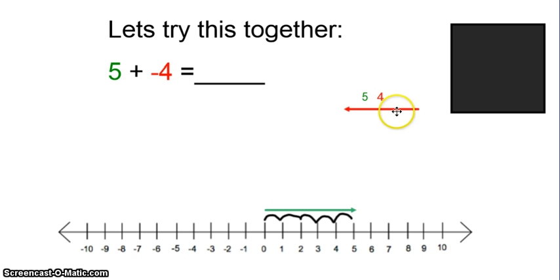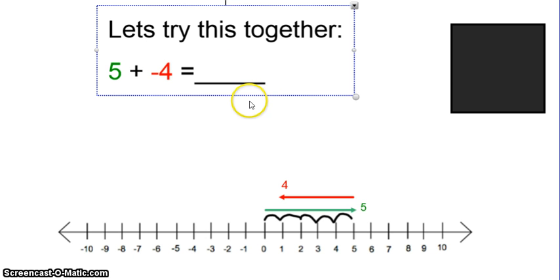And then in the negative direction, because we're adding a -4, we want to go back left. We want to go back 4 units. Our green was our 5 and our red was our 4, and when we go back 4 units, we end up with an answer of 1.